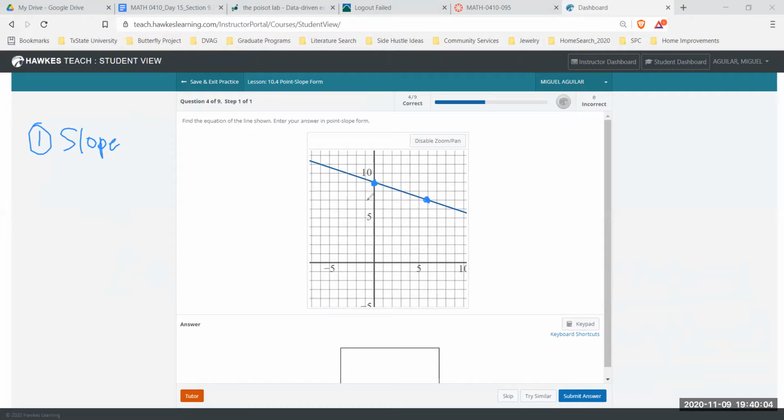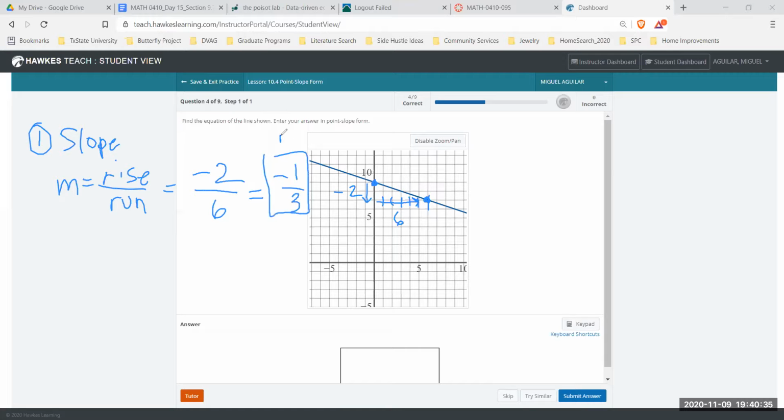So we'd have to go down 2 and over 1, 2, 3, 4, 5, 6. So that would be a slope of -2/6, which reduces to -1/3. There's our slope.